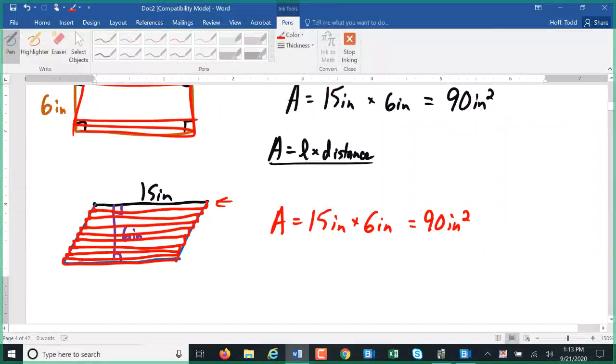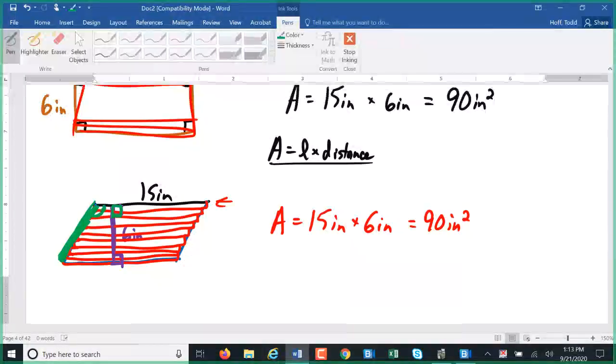Note, however, it is very important that 6 inches goes here from one side to the other. It is not, and I stress not, this length here. This length here is going to be more than 6 inches. But notice that dimension is not at a right angle with that original length. The distance moved has to be perpendicular to that original length of that segment. When we do areas, we have to use two dimensions that are perpendicular with each other.